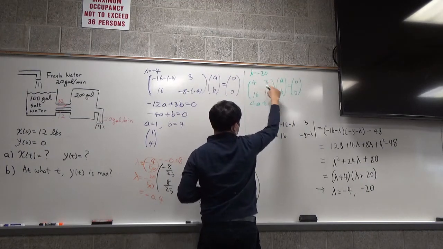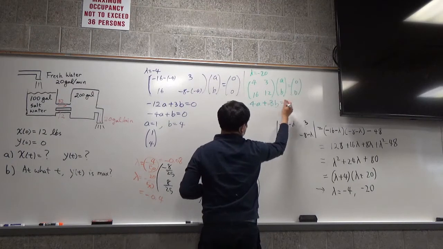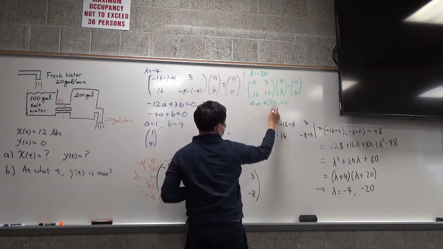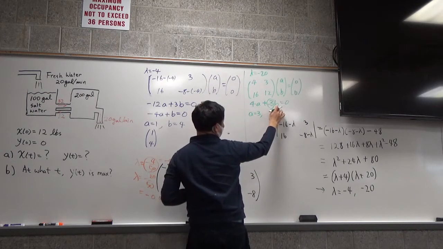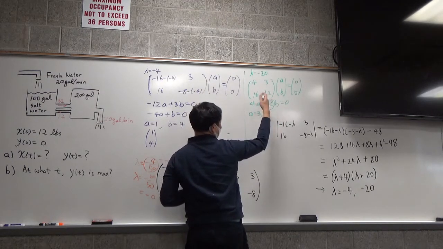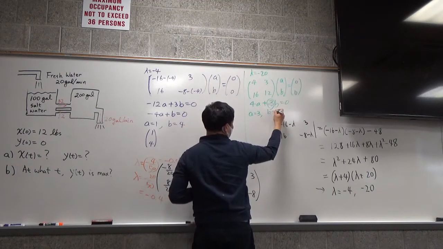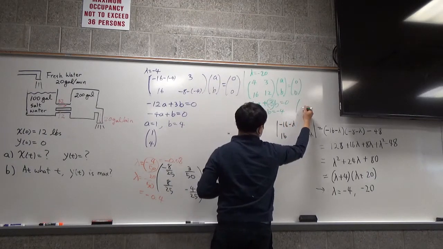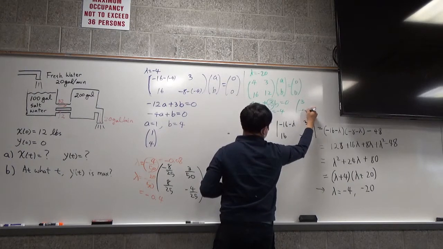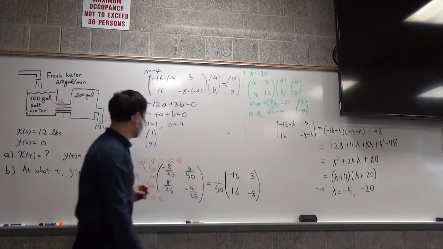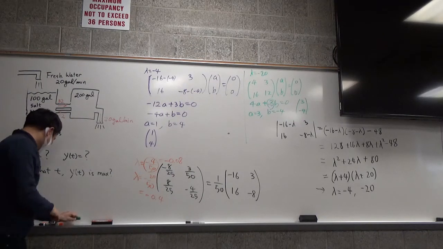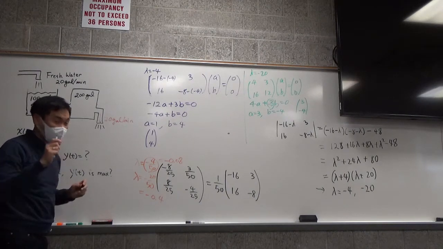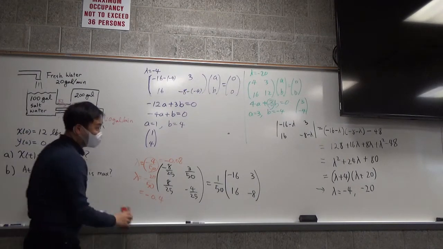So this times this, add them. Whatever is in front of B, you choose that to be the value of A. Then you solve for B by plugging in 3 and canceling the 3 out, you get B equals negative 4. So we see that the eigenvector is 3, negative 4. That's pretty straightforward, right? Okay. Please tell me if I make any mistake.